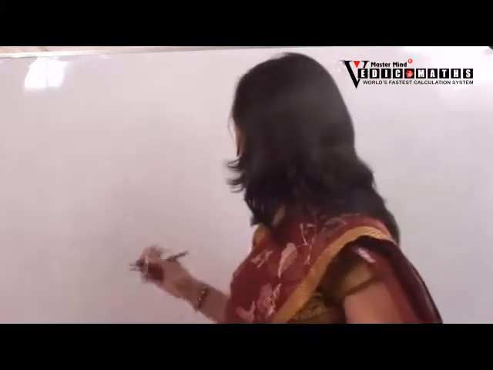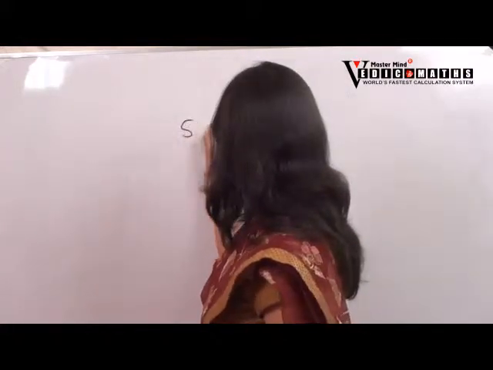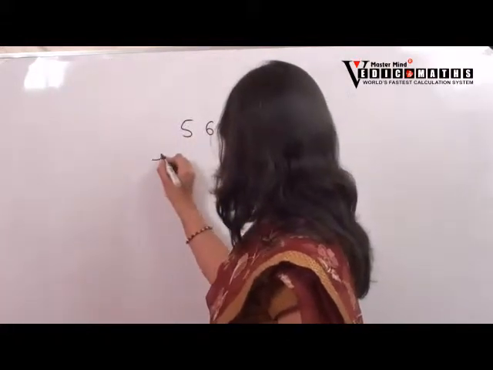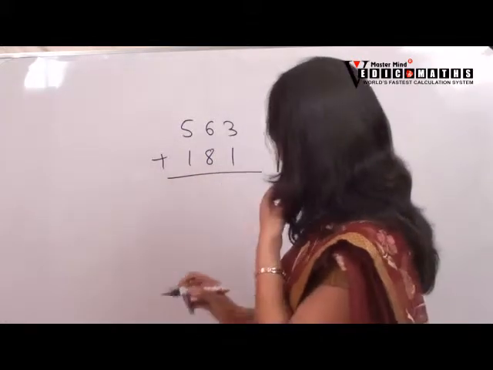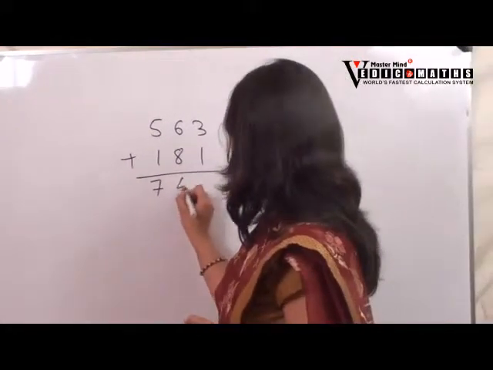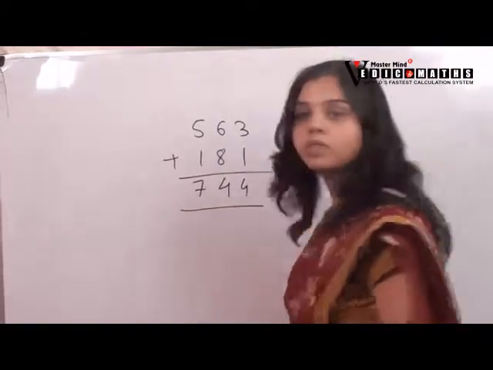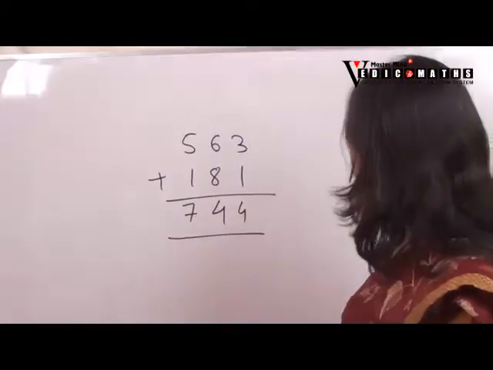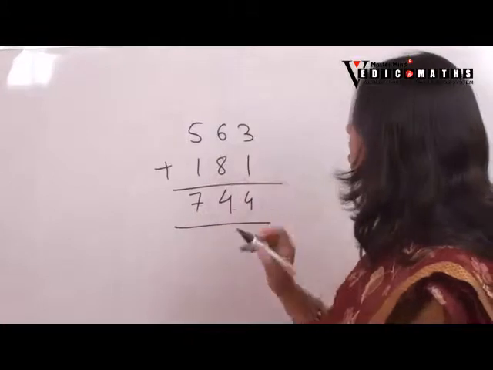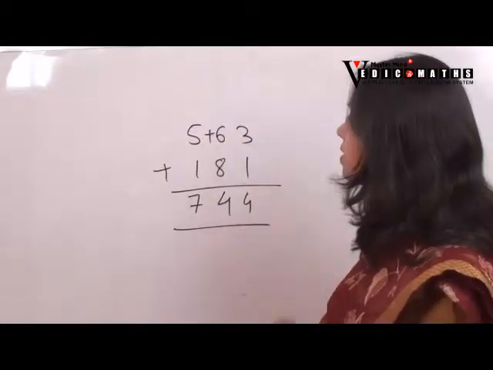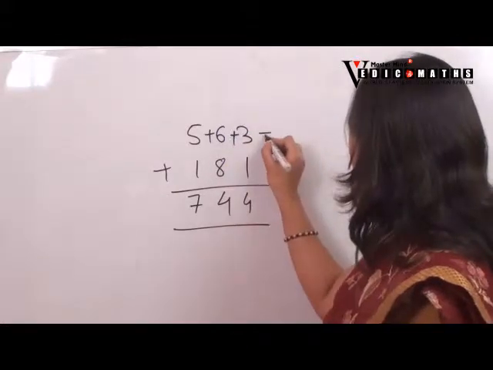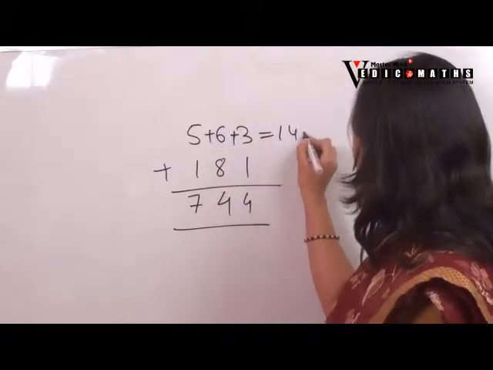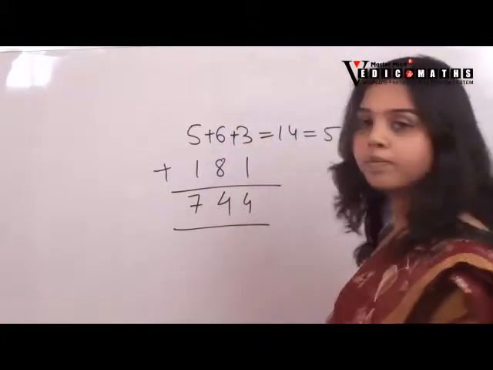Let's verify one more answer from Navanga. 563 plus 181, answer is 744. Let us check. Digit sum of 563. 5 plus 6 is 11. 11 plus 3 is 14. Again 2 digits, 1 plus 4 is 5.